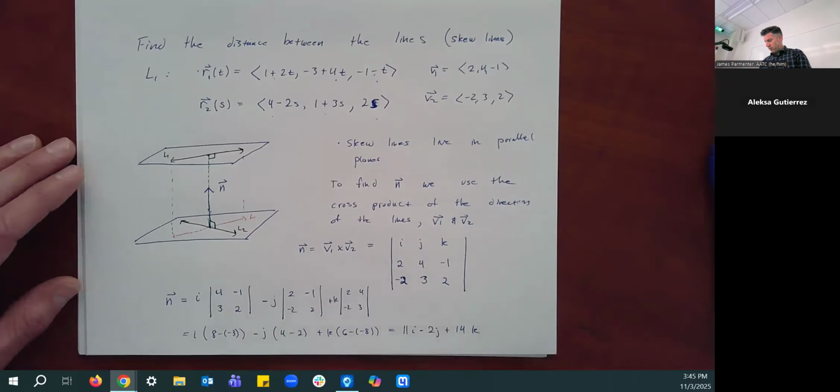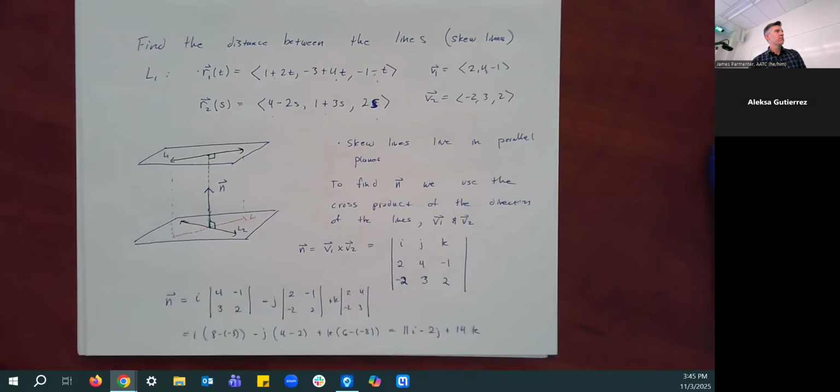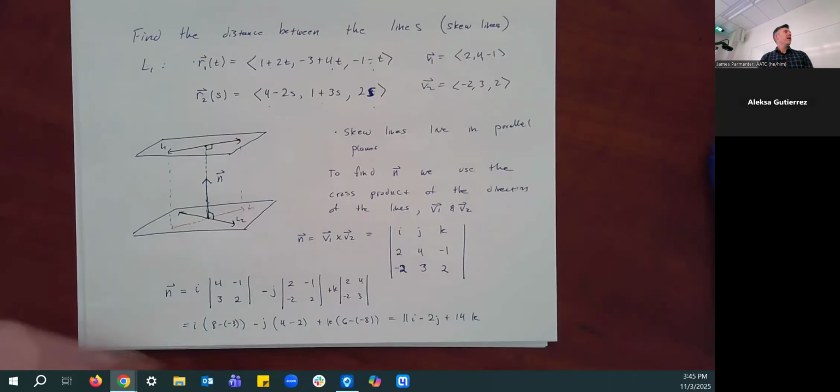All right, I'm getting the vector <11, -2, 14>. Now what do we do with that? Well, now we're in one of our previous situations. If we just think about it the right way, we're going to try and find the distance between one of these planes and a point on one of the other planes that's on the line that we're looking at.